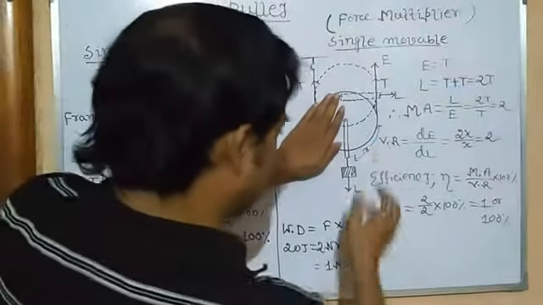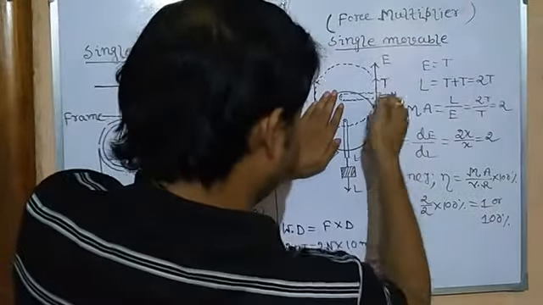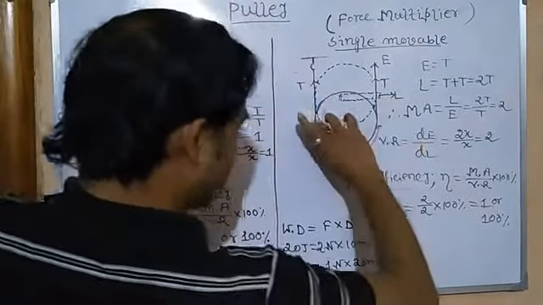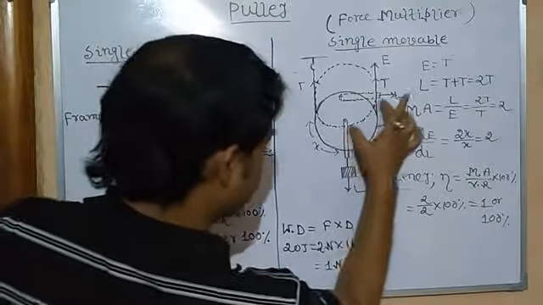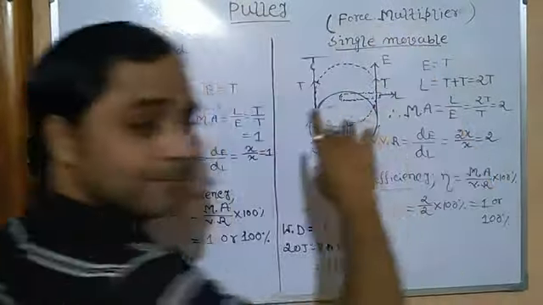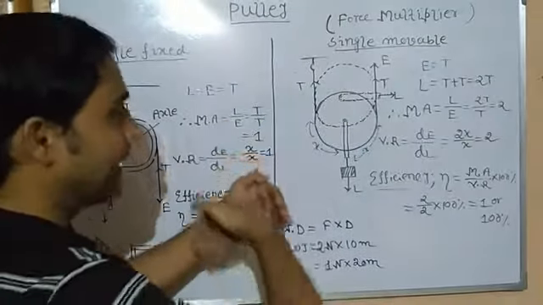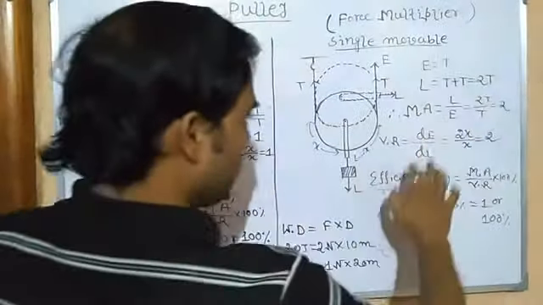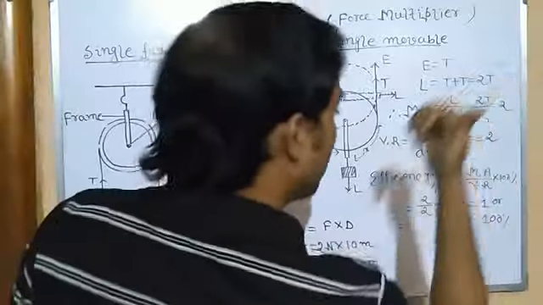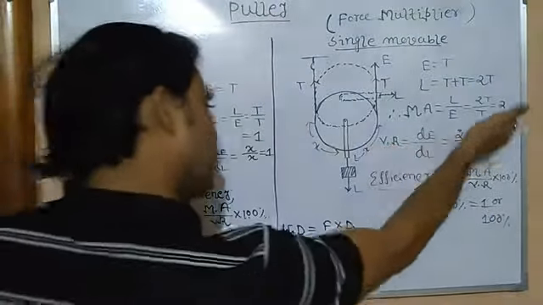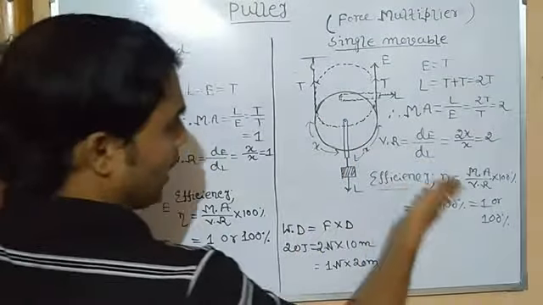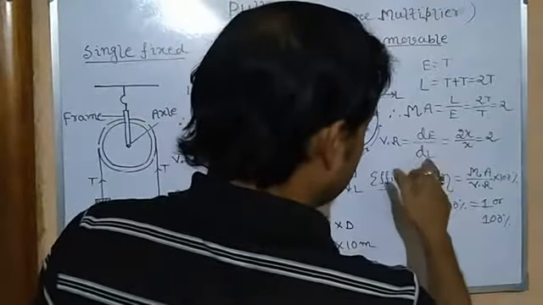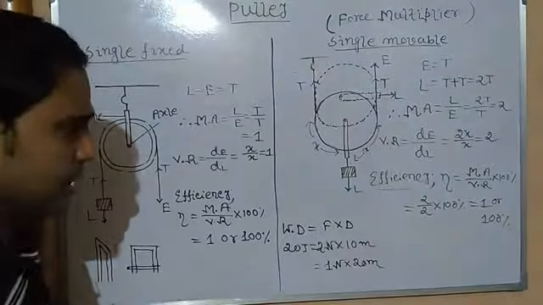Because it cannot happen that if the load moves x distance, this portion cannot move. You can see, obviously this portion and this portion automatically move. So x plus x is automatically twice x. So that is 2, and that's why our mechanical advantage is equal to 2. What is the velocity ratio? Velocity ratio is 2 because the distance traversed by the effort is twice the distance traveled by the load. So this is 2.